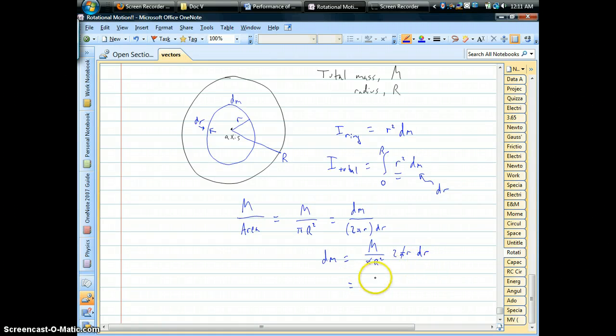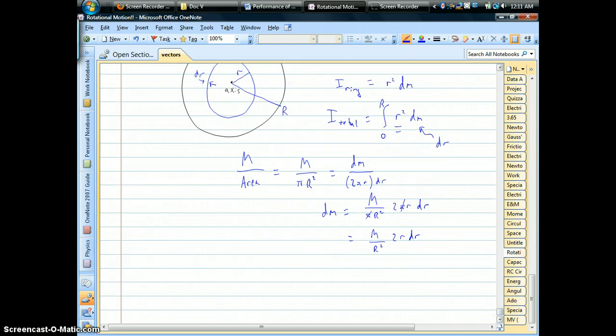And what are we left with? Total mass over big R squared times a factor of 2r dr. So this is what we have to put in for our dm in the integral.